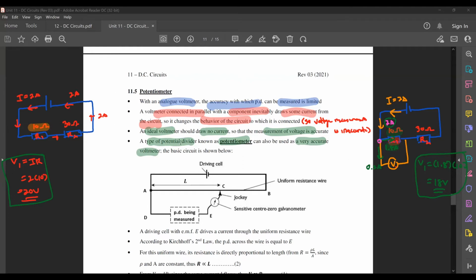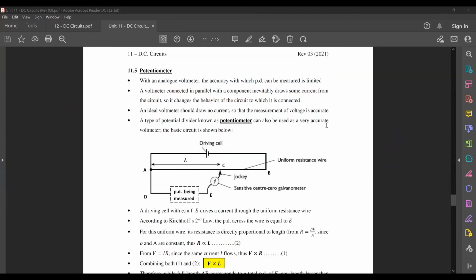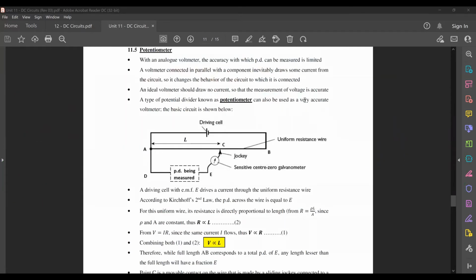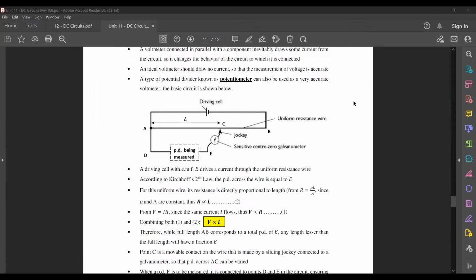I'm going to clear off the drawing and then scroll downwards. So let me clear off everything. Your basic circuit of a potentiometer is just this. Your potentiometer is meant to measure voltages of something. So when we say potentiometer, this thing here that I highlight in pink is your potentiometer.